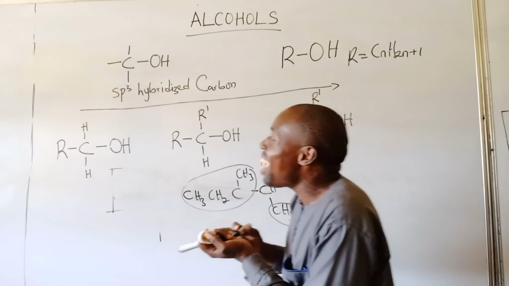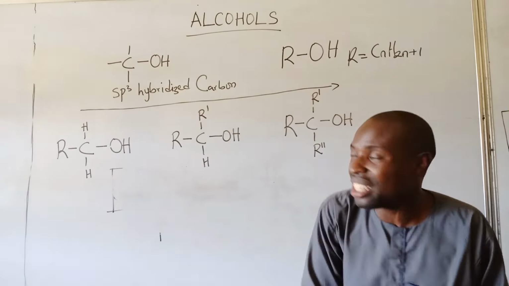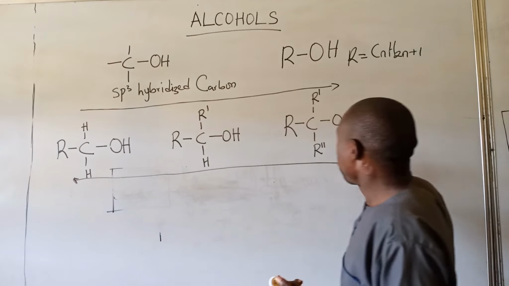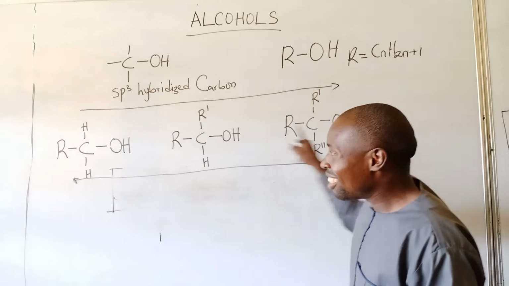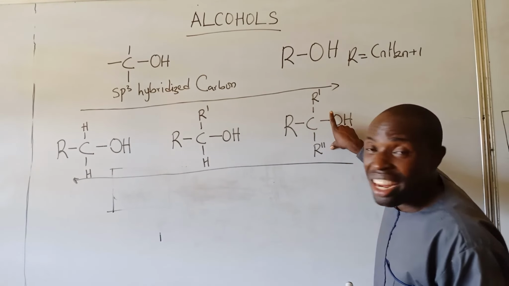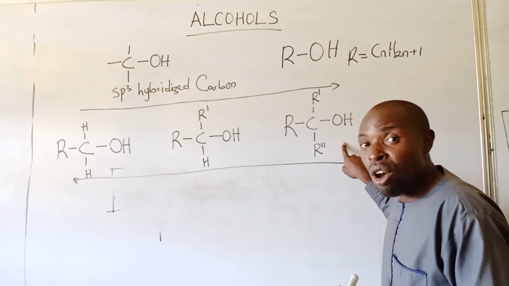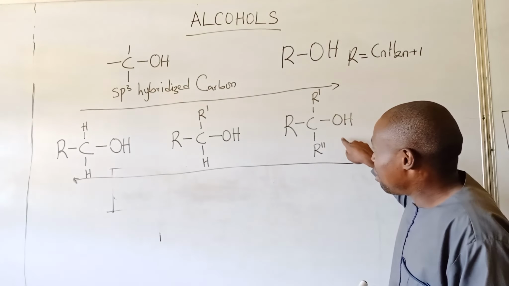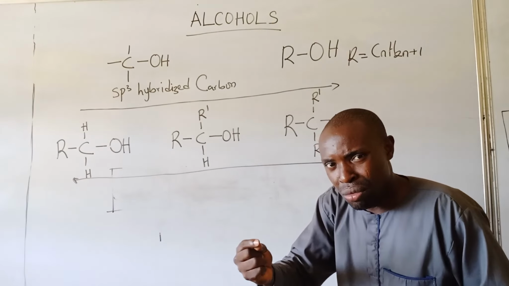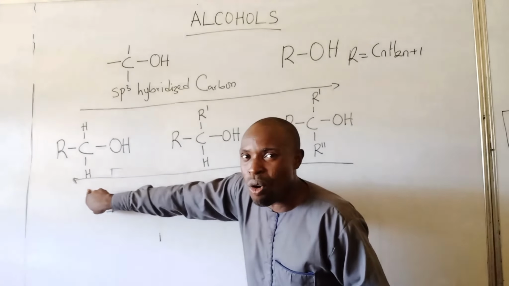While in the case of steric hindrance or steric effect, it will increase as you move from primary to tertiary, telling you that steric effect is high in tertiary alcohol because of the presence of more alkyl groups in it, but least in primary alcohol.